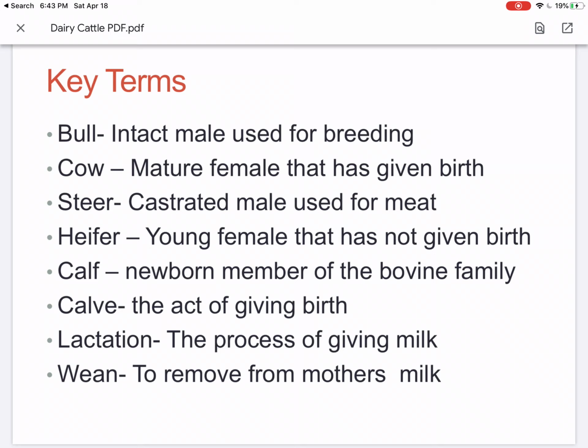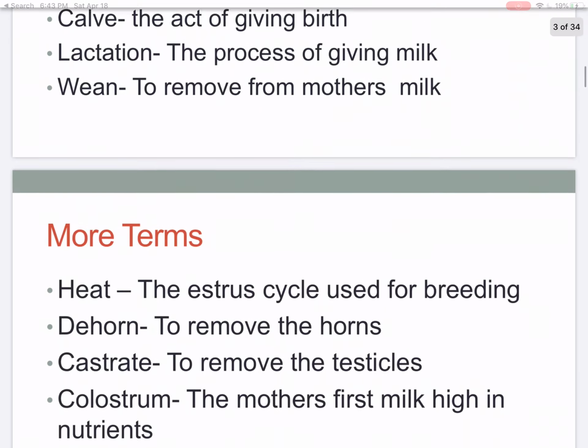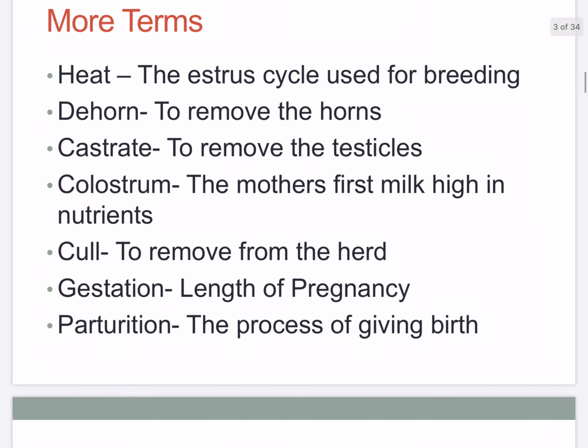So you have the definitions to write word for word on your packet right here. It goes through bull, through wean, and then more terms, and then this last one after gestation is your last one on your key terms. So you just need to copy that down.